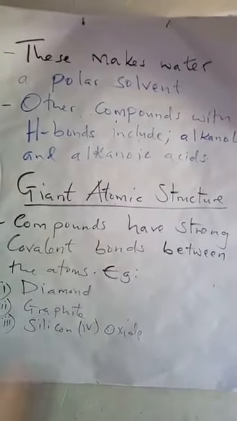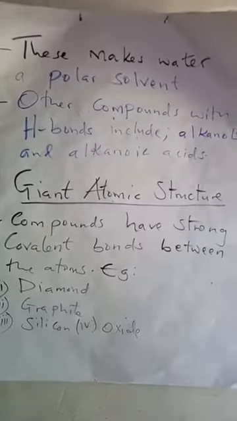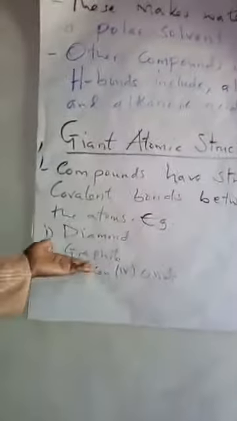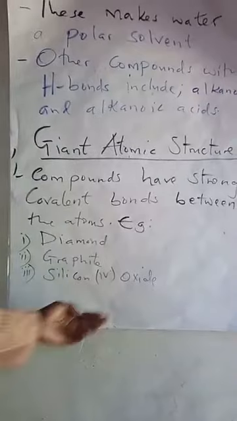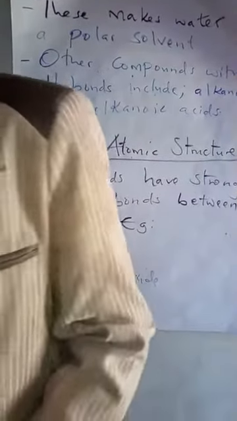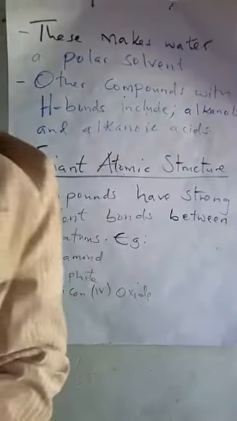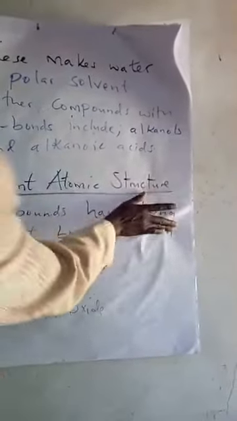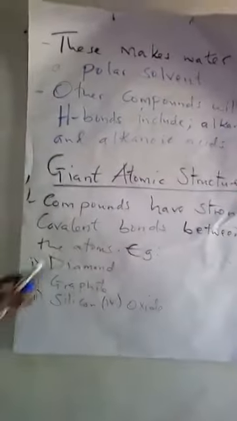These are three examples of compounds with giant atomic structure: diamond, graphite, and silicon. Let us look at the two. Let us begin with diamond and graphite.